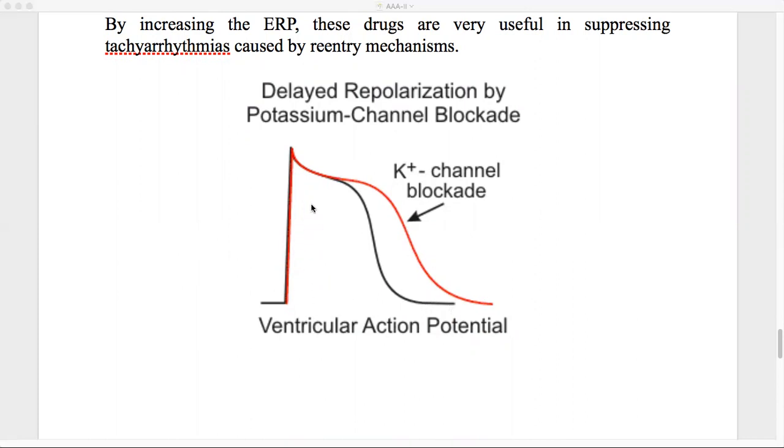When the potassium channels are blocked, there is a very slow outflow of potassium.